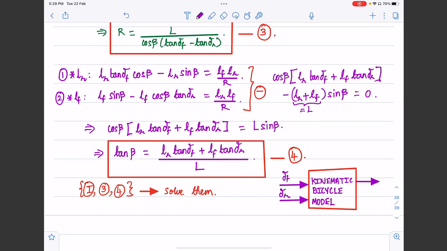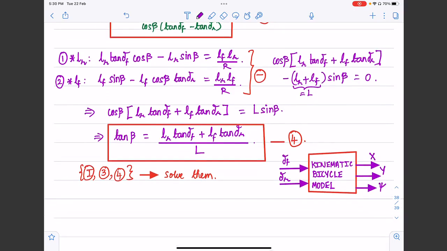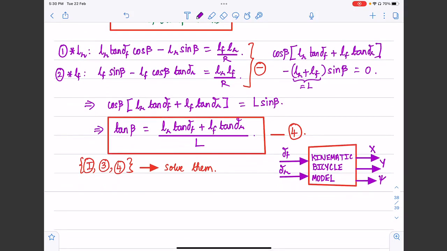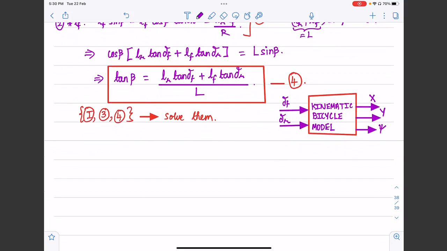X and Y denote the coordinates of the center of gravity with respect to the global frame of reference. Psi denotes the orientation of the vehicle with respect to the global x-axis. Those are the outputs from the model. I hope this is clear. Any questions on the derivation of the kinematic bicycle model?